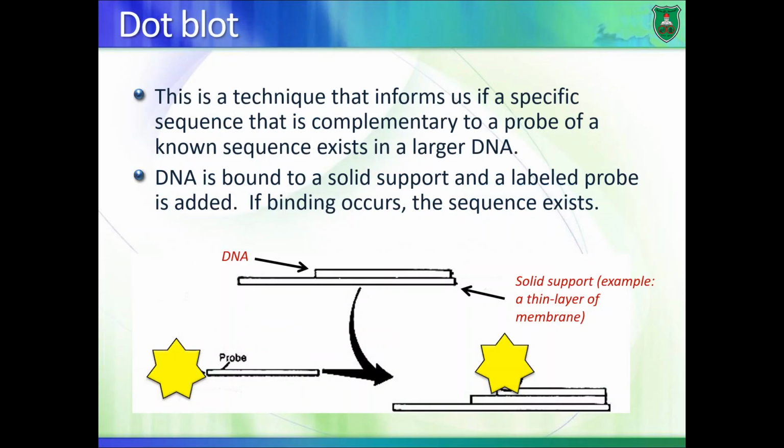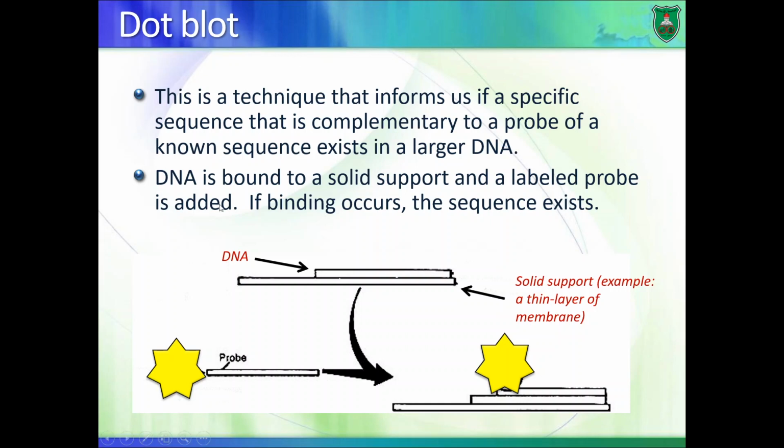Okay, so let's go over the technique of dot blot. This is a technique that tells us if the DNA of an individual has a sequence that is complementary to a probe that I use. Remember, I know what the sequence of the probe is.